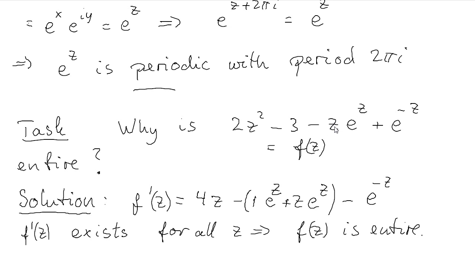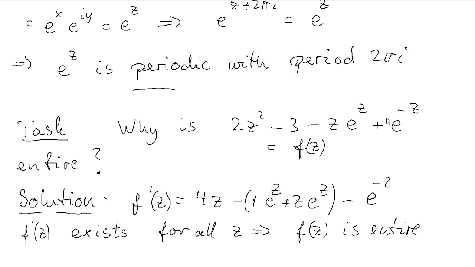This is just a product of z, which is differentiable, with another differentiable function, which is the exponential function, and this function is just a composition of minus z, which is differentiable, and the exponential function itself.